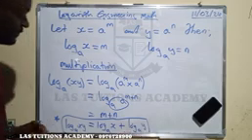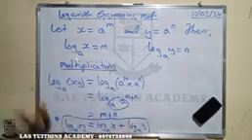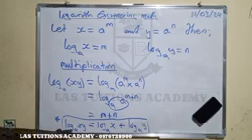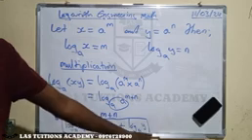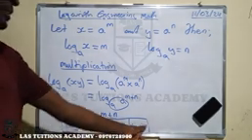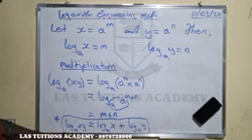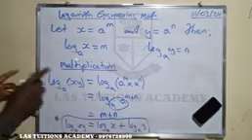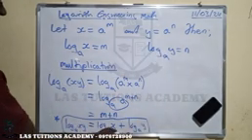Now, all this that we are doing, I just want you to appreciate where this is coming from. I didn't just want to say log a xy is equal to log x base a plus log y base a, and that when you're multiplying, you put plus here. I didn't want to go that way. That's why I'm expressing all this, so that we can understand how this plus is coming about.